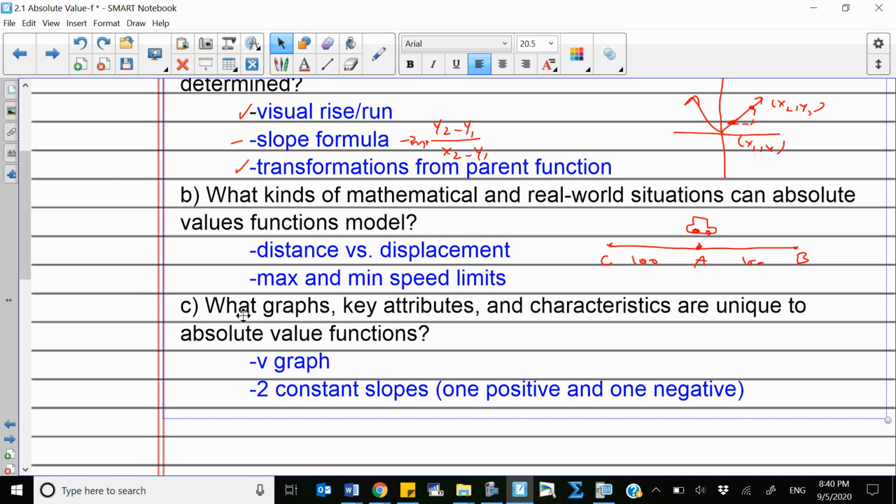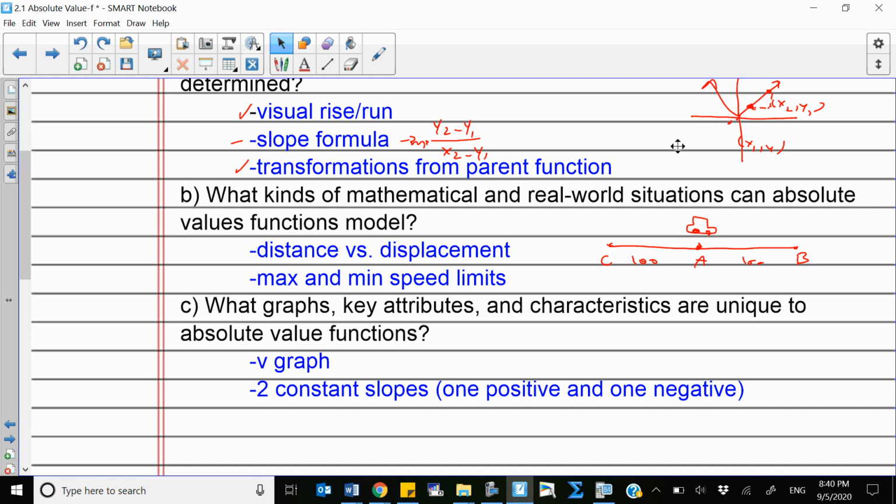Next is asking what graphs, key attributes, and characteristics are unique to absolute value functions. So the first one is the form of the graph, that we know that the graph always looks like a V. So that's the V form of the graph. That's the first characteristic or key attribute. And the next one is the constant slopes.